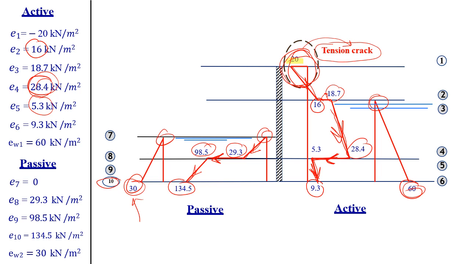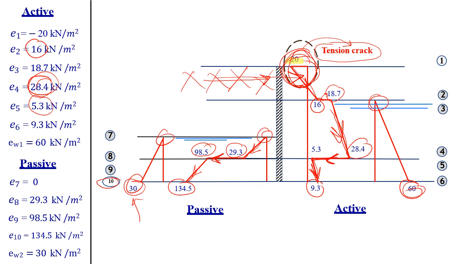Actually, this means that in this depth at which we have negative active earth pressure, if you convert these negative stresses into forces, you will have a force in this direction, from the left hand side to the right hand side, a resisting force. So practically, we don't depend on these resisting forces, we just neglect them.